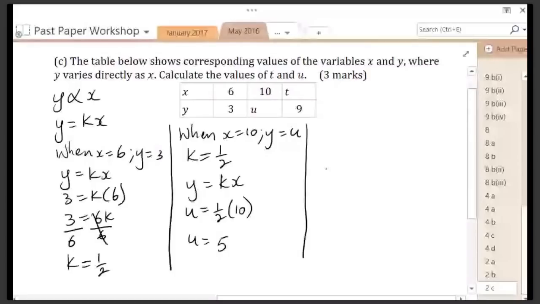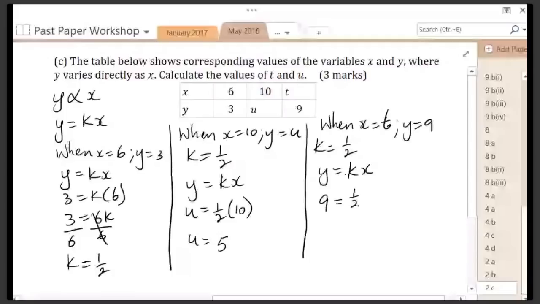So when x is equal to t, they gave it up from the table here, y is equal to 9. And we know here that k is equal to a half. So I'll write here y is equal to kx, and substituting into the equation, 9 is equal to a half multiplied by t.